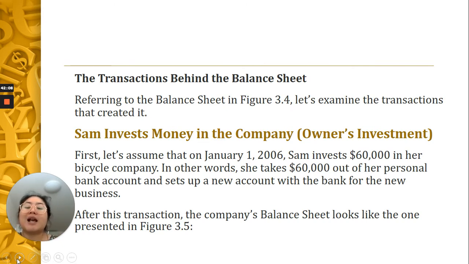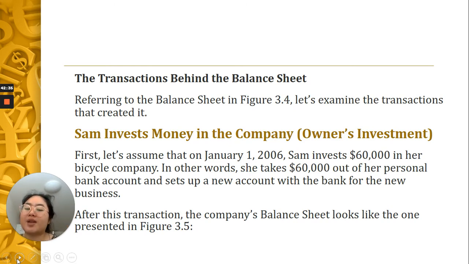First, let's assume that on January 1st, 2006, Sam invests 60,000 in her bicycle company. In other words, she takes 60,000 out of her personal bank account and sets up a new account with the bank for the new business.